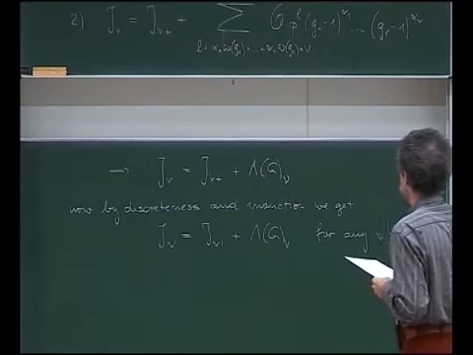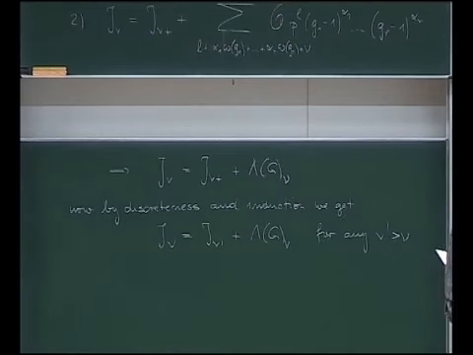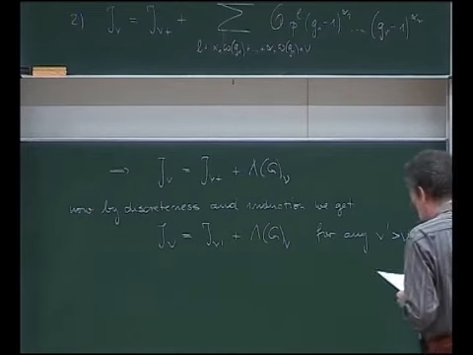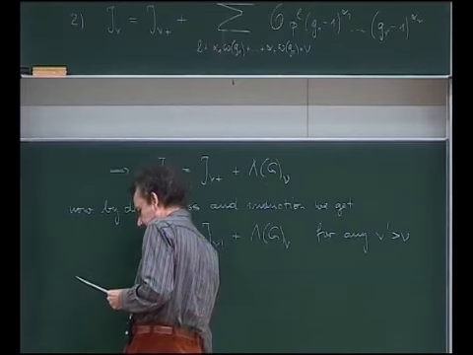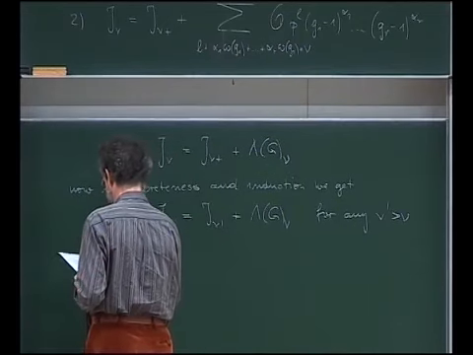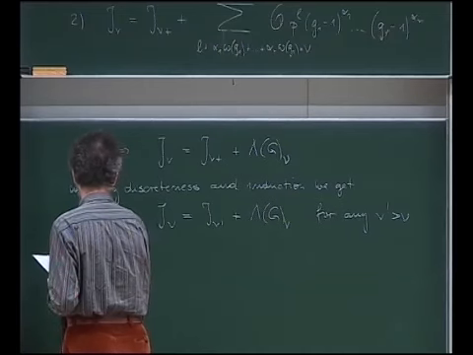The difference from here to here is finitely many steps. So in each step I could get something even in bigger nus, but anyway, something in lambda G nu.